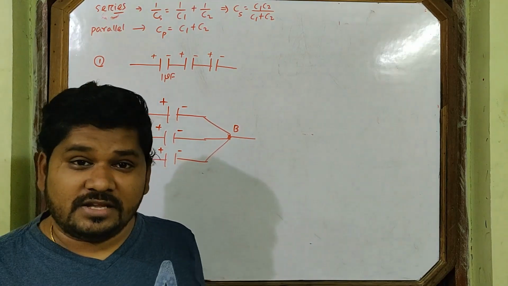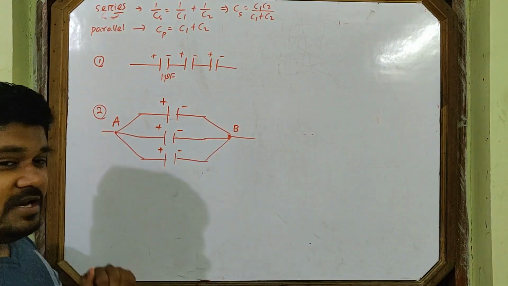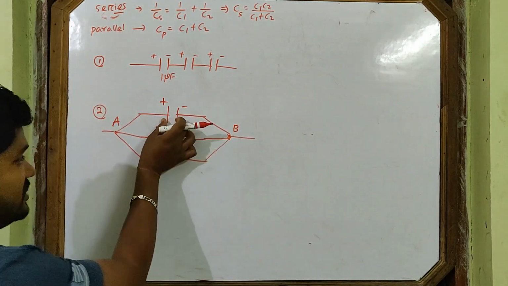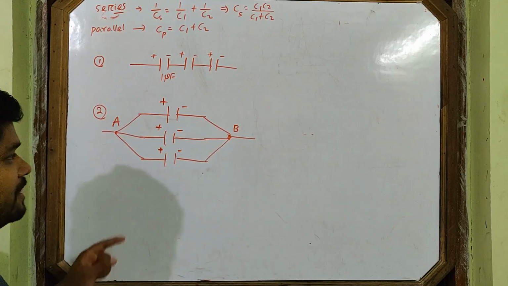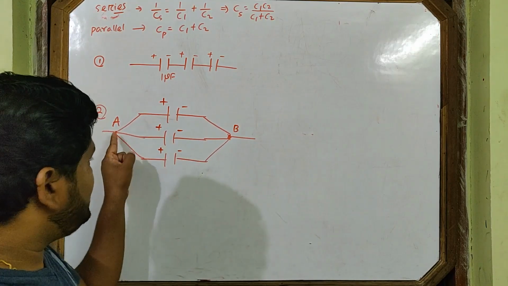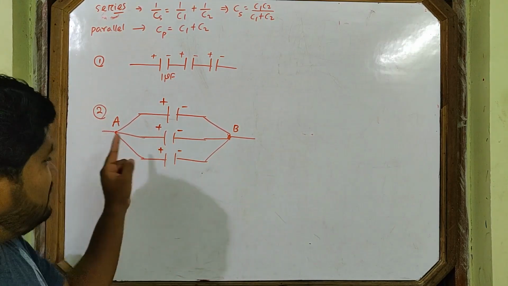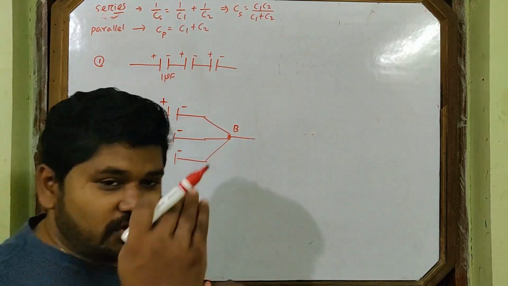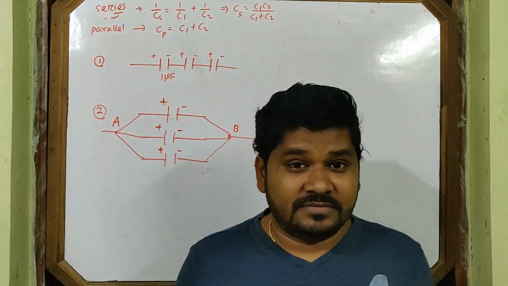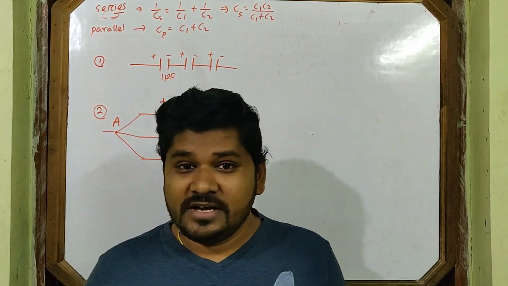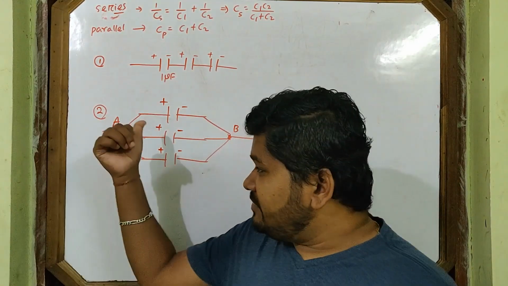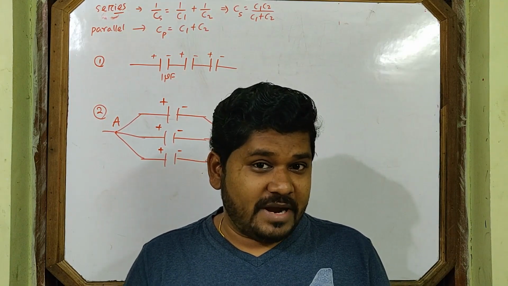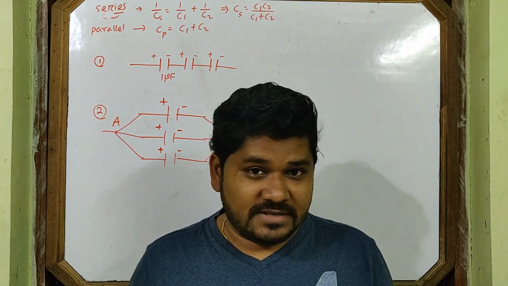Or another way I can tell you: take this capacitor's terminals A and B, so the potential difference is VA minus VB. If all capacitors' terminals are the same, then also this is called parallel connection. It means the potential difference remains the same in all capacitors. But don't keep in mind one by one, not like that.